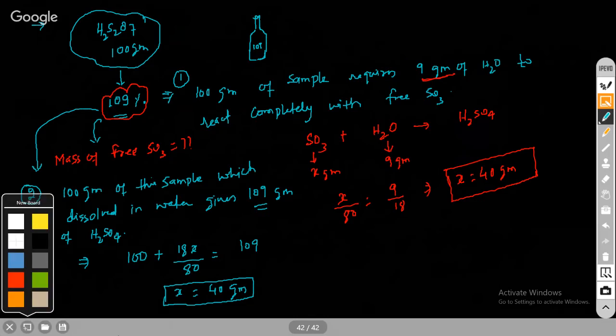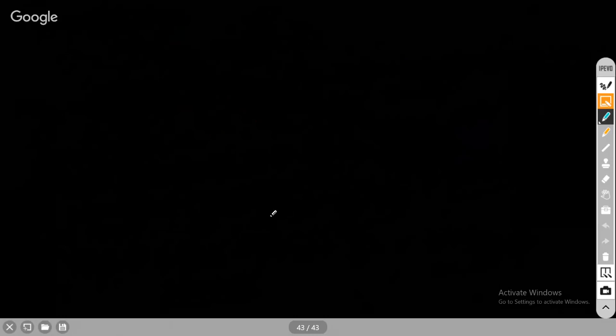Now one more, this is one type of question they ask where we have to find out the mass of SO3 present. Similarly, number of moles also they can ask. One more type of question you see on this, we are almost done.